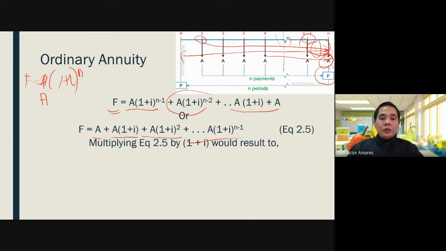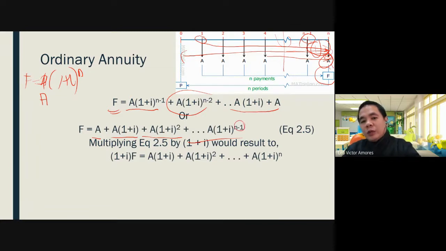Multiplying the whole equation by (1 + i), it would result in (1 + i)F equals A(1 + i) + A(1 + i)^2 until, etc. The n minus 1 term disappears because we multiplied by (1 + i), which adds 1 to the exponents.